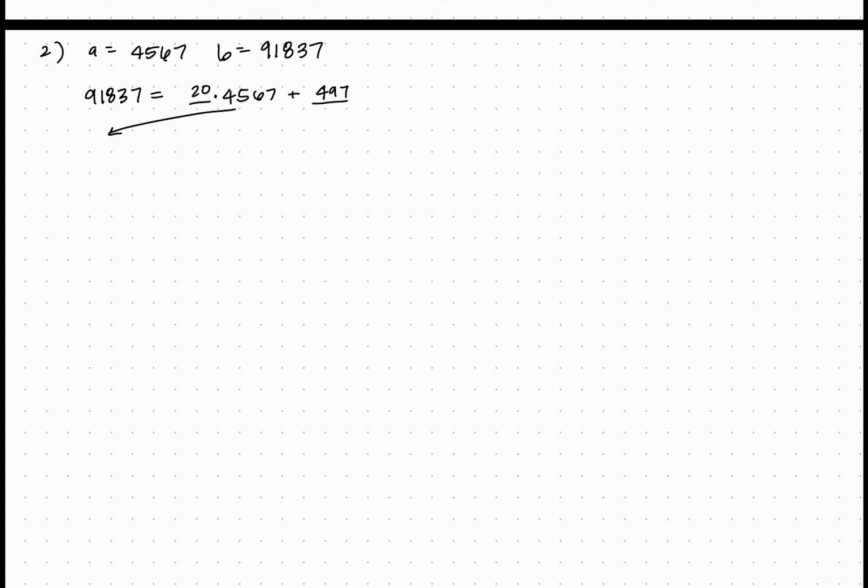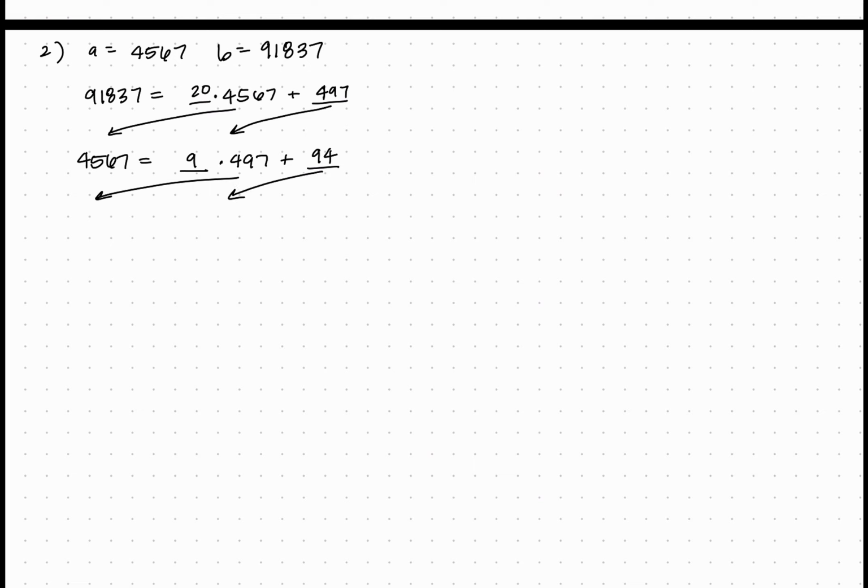I move the 4,567 and the 497 down. So 4,567 is some number times 497 plus a remainder. When we do that division, we get 9, remainder 94. And we keep going. Remember, just repeat this process.